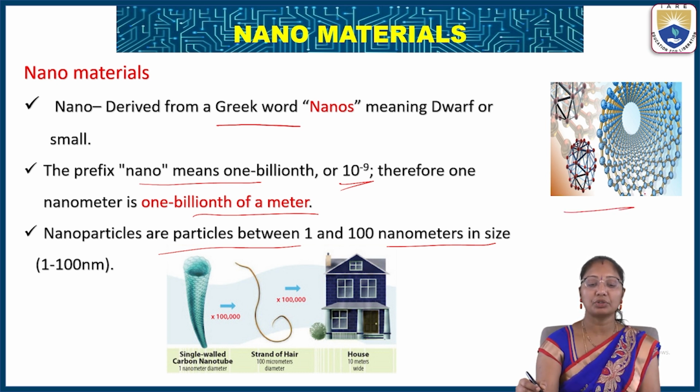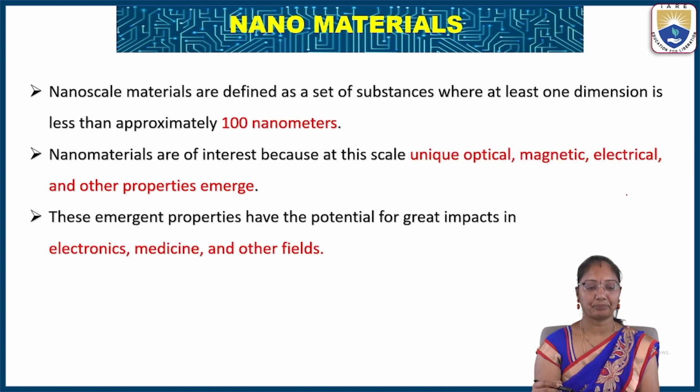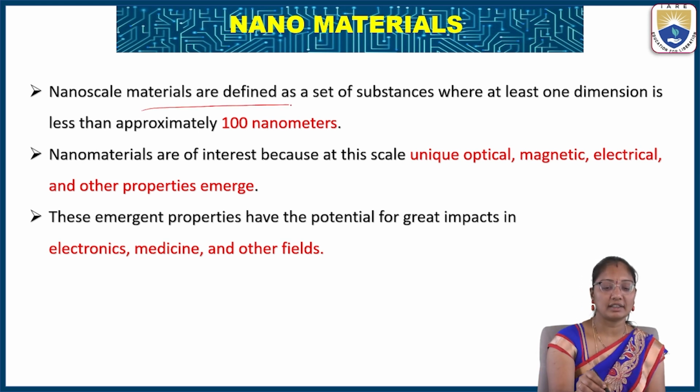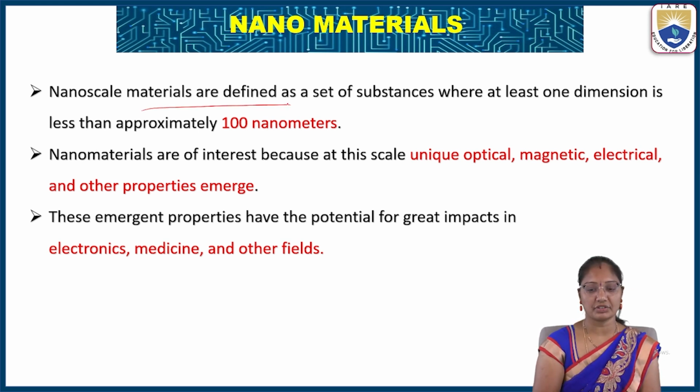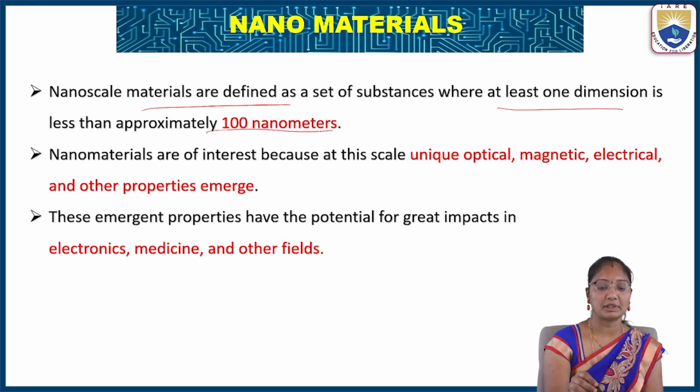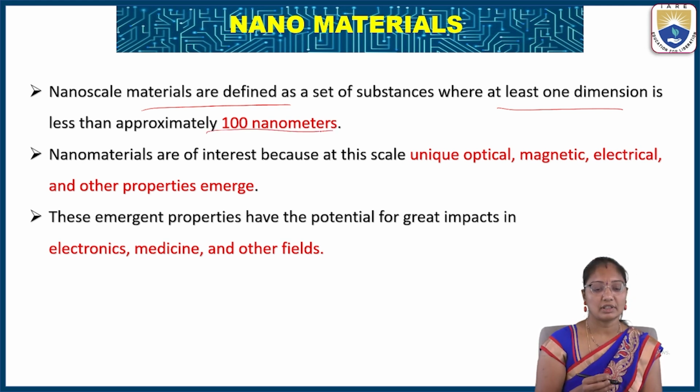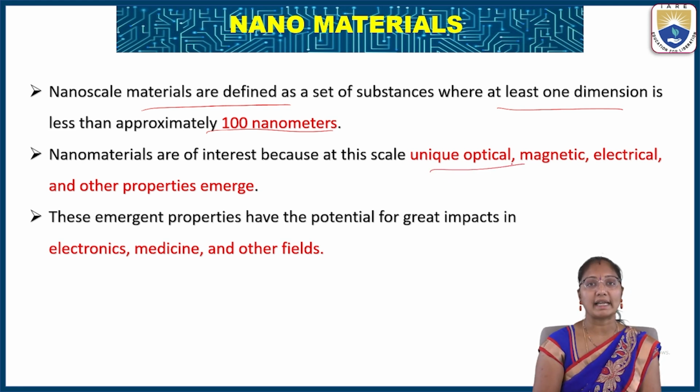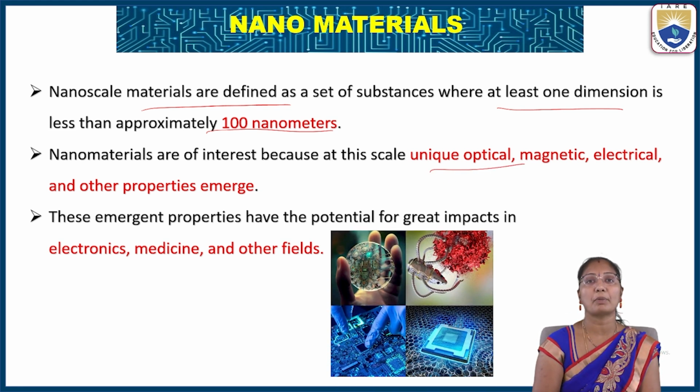Based on dimensionalities, they form 0D, 1D, 2D and 3D structures. Nanoscale materials are defined as a set of substances where at least one dimension is less than approximately 100 nanometers. They are of interest because, at this scale, unique optical, magnetic, electrical and other properties emerge.